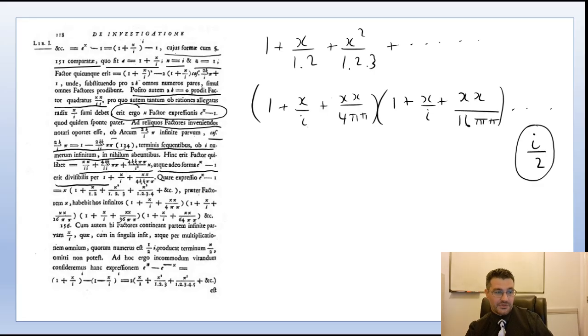The idea is now that when all of these factors are expanded out, he's not happy with this. As we see if we move on to section 156, he says, "quatenus hi factores continent partem infinite parvam x over I."